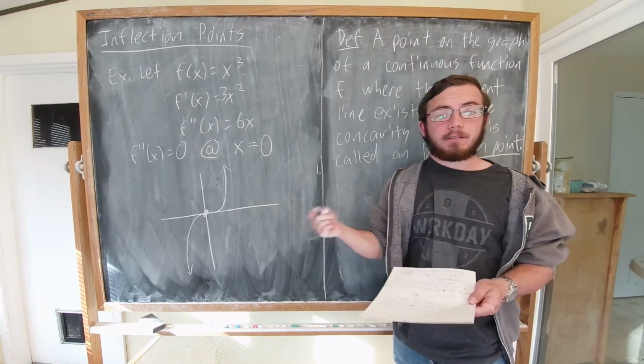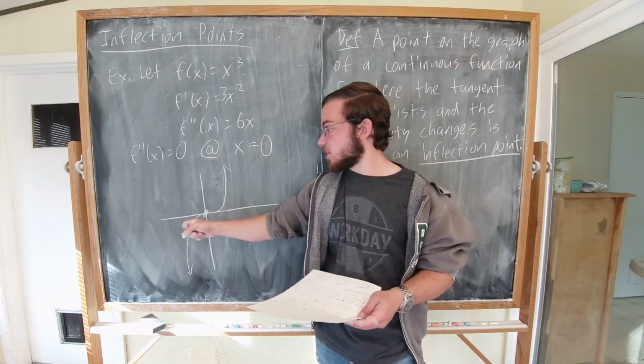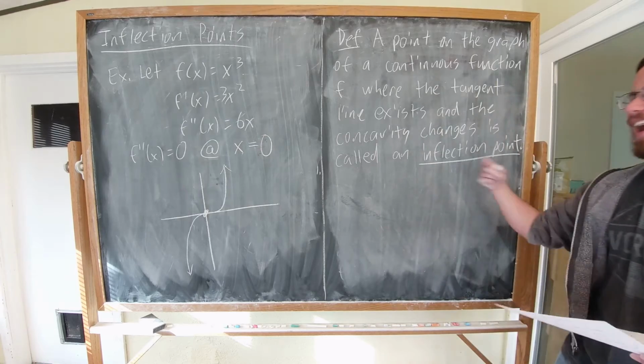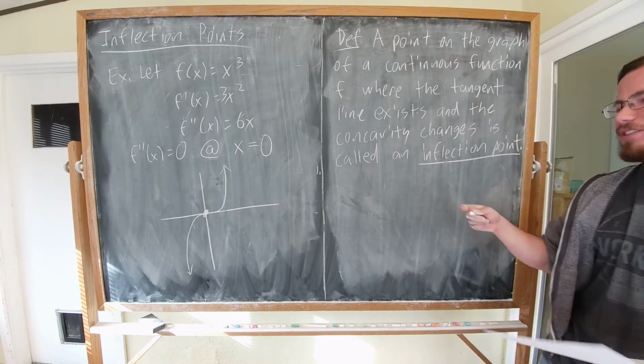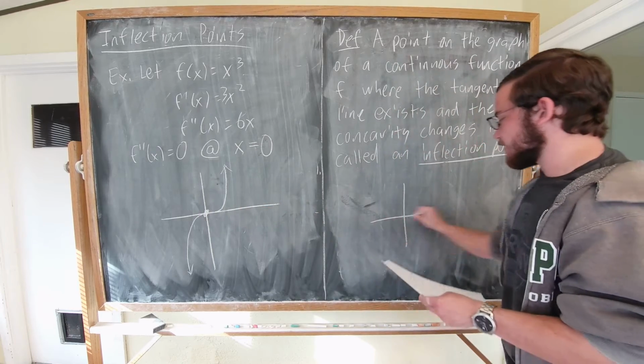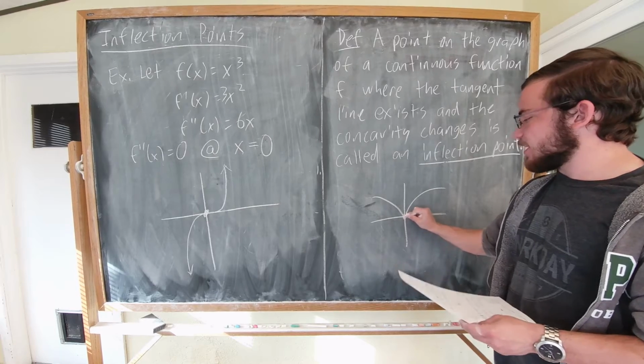So, for any type of function, anywhere that we see behavior that looks like this, changing from one concavity to another, we're going to say, hey, that's an inflection point, as long as it makes sense to talk about the tangent line there. So something like this, concavity does change, right?